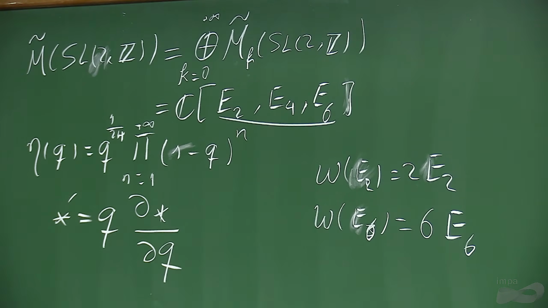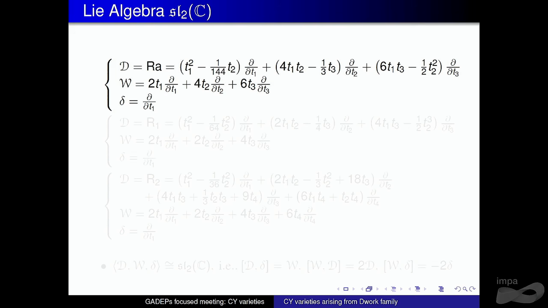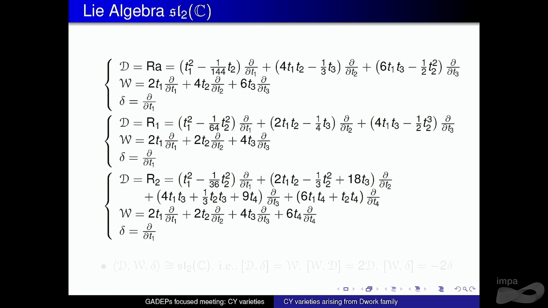So it happens for the other two systems as well. And for all of them, we have the weight and the constant operator or constant derivation with respect to T1.